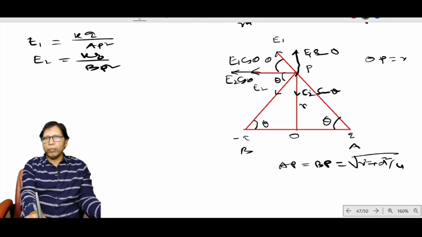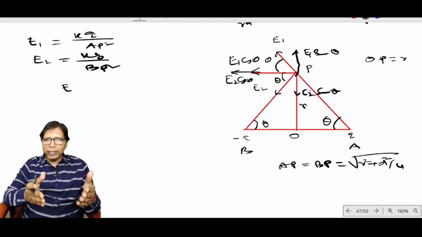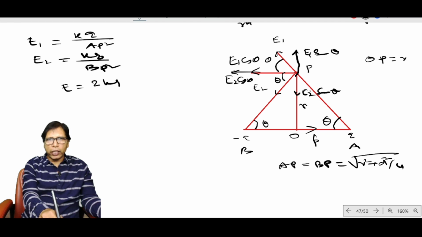No problem. Therefore, the resultant electric field on the perpendicular bisector position is directed opposite to the direction of the dipole moment P vector. So E equals 2KQ divided by AP square or BP square. What is AP square? AP square is R square plus D square by 4.